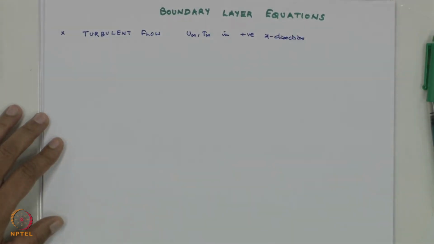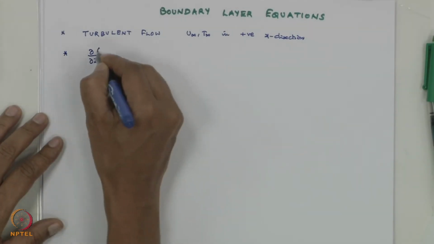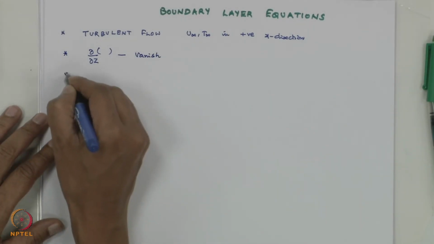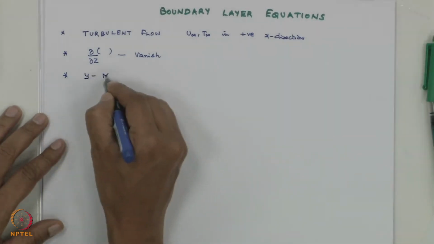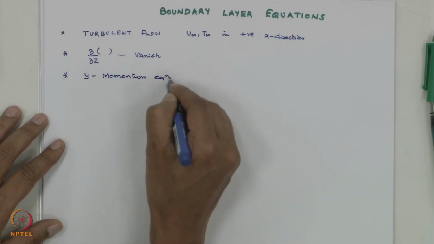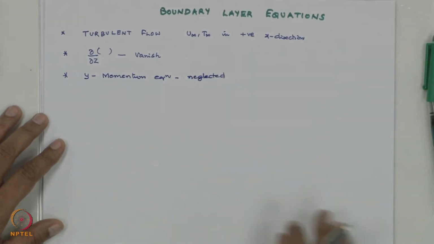Now, although the actual turbulent flow is 3-dimensional, from symmetry we will consider that the del by del z terms vanish, do not exist. Next, as in laminar flow, the y momentum equation can be neglected. We have argued this during boundary layer equations in laminar flow.